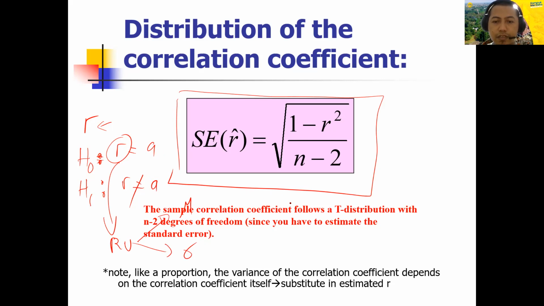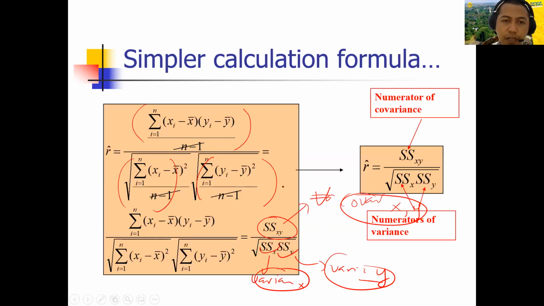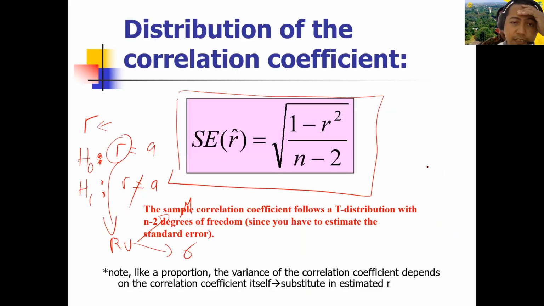And then, going back to the formula, the correlation is formed by random variables, this one and this one. So in this case, we can use the t-distribution.